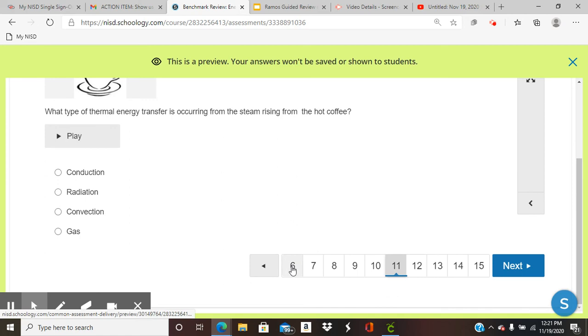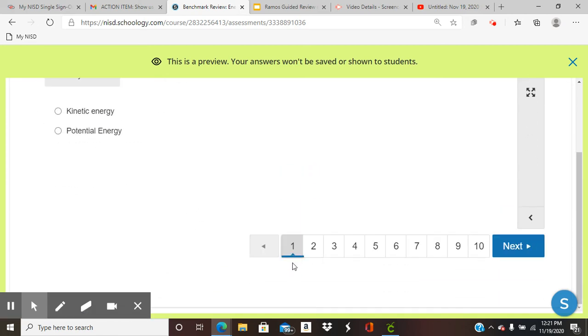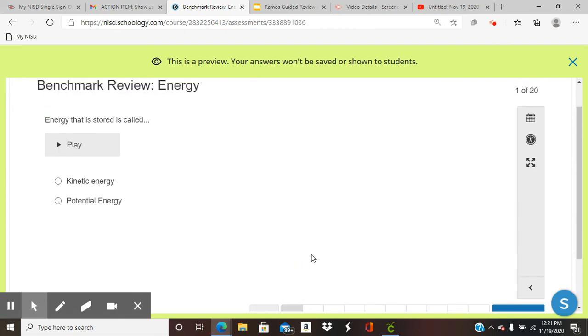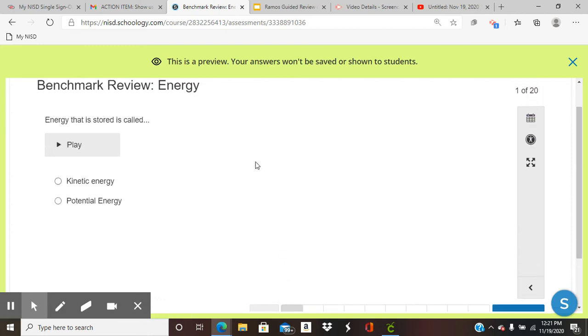And it is all about energy, mechanical, potential, kinetic, going from electrical to mechanical, radiant to thermal. So use your notes to answer these questions, and it is for a grade. Again, there's 20 questions, and then it will be transferred to my grade book when you are completed. And that is it, and you will be ready for your benchmark.